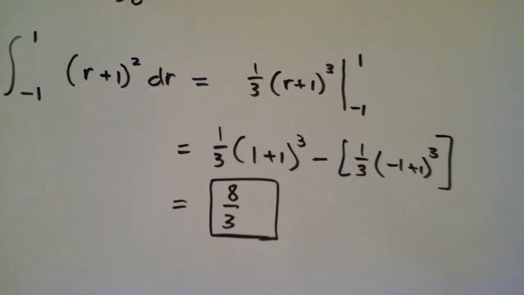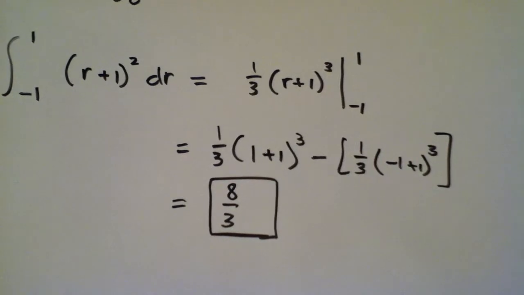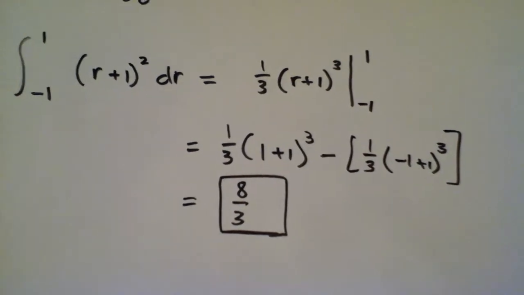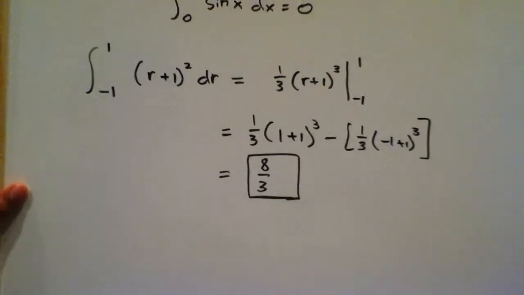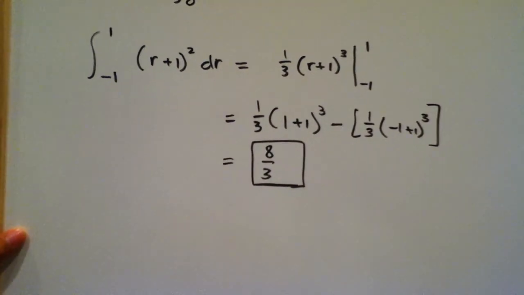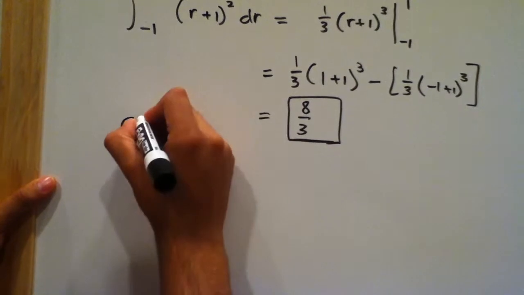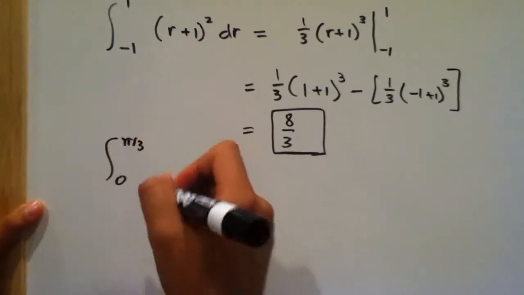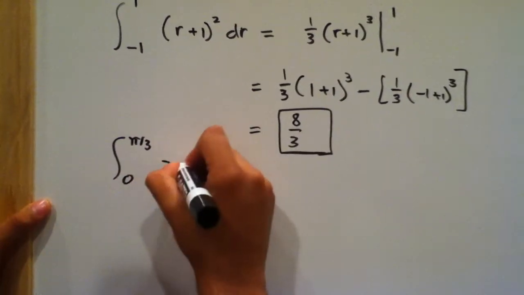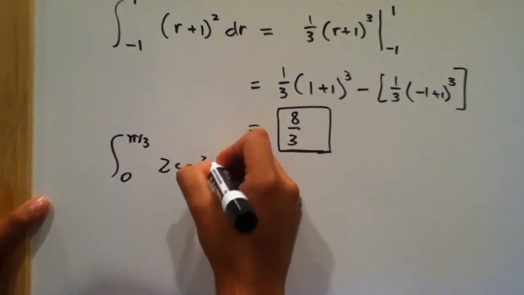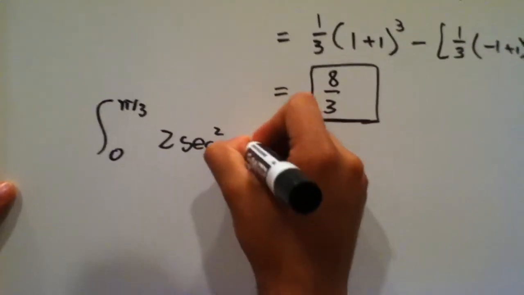So let's try another example. This time let's do one with some trig functions. So let's take the integral from 0 to pi/3 of 2 secant squared theta d theta.